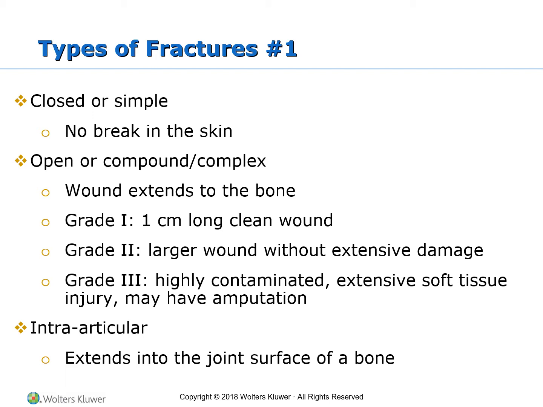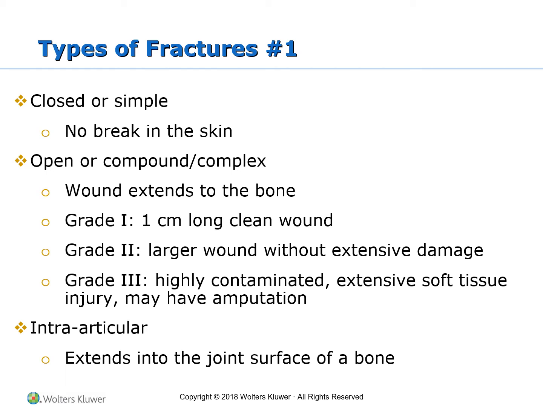Okay. There are different types of fractures. Simple fracture, no break in the skin, one fractured area. Compound fractures involve damage to the skin or mucous membranes as well as bone, and that's why it's called compound, because it involves more than one. And a compound fracture can also be called an open fracture, so you'll hear both of those used.